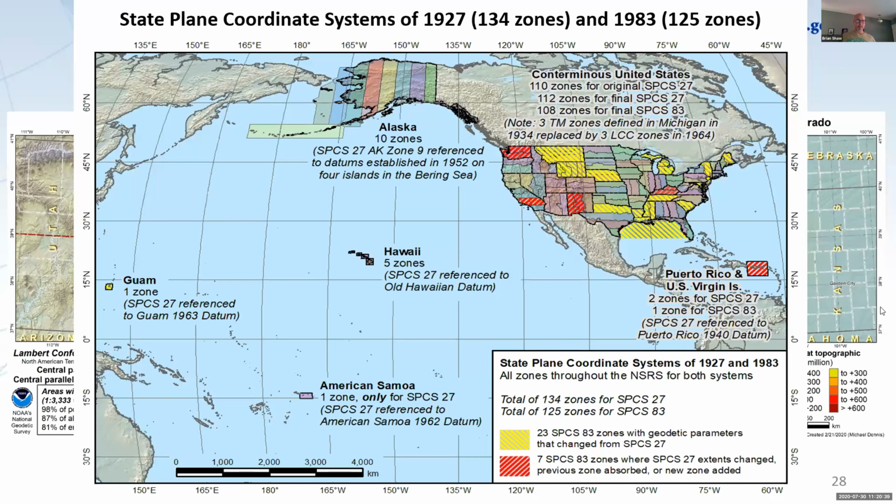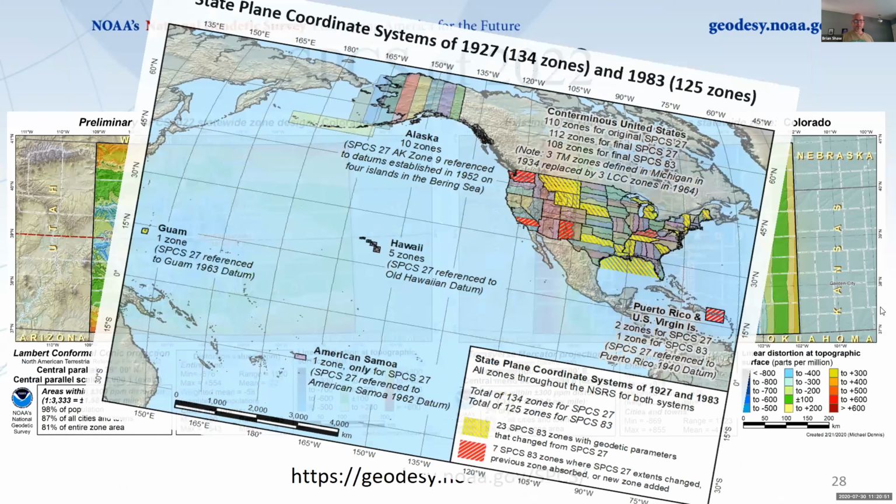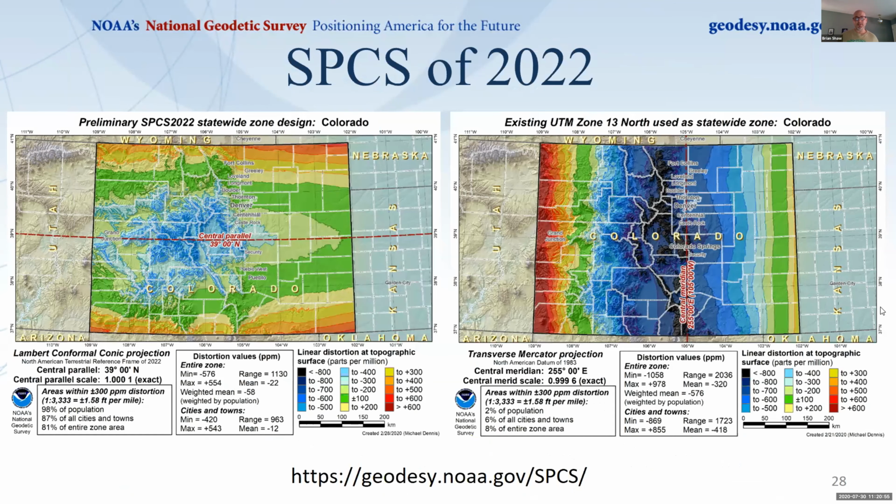We've also got the State Plane Coordinate System that we're updating. And so here's a map of the state plane coordinates. Again, this presentation will be available for download, and I know I'm getting close to my time, so I want to have time for questions. But in Colorado, on the left, you can see the statewide zone. That's the preliminary zone for the new system.